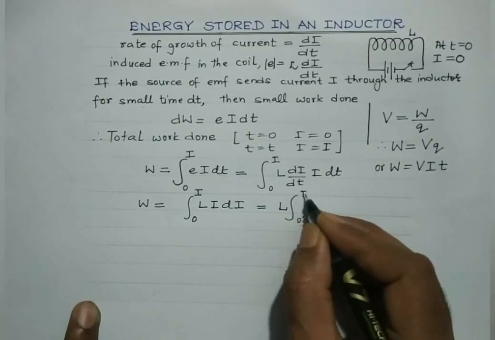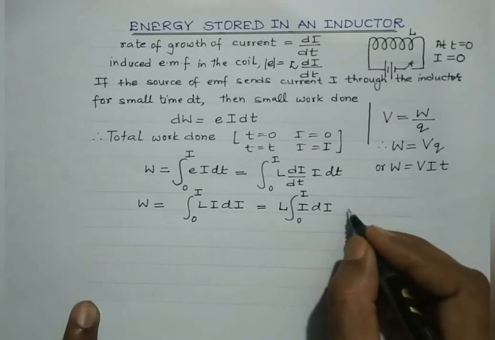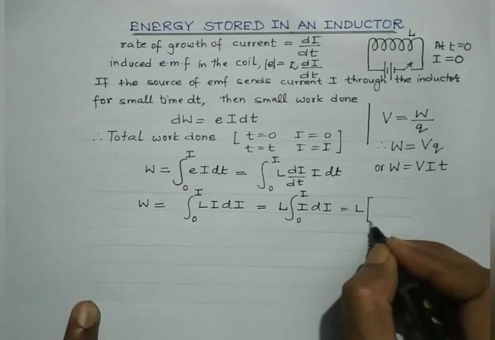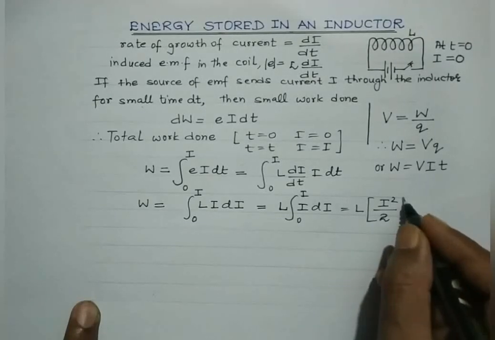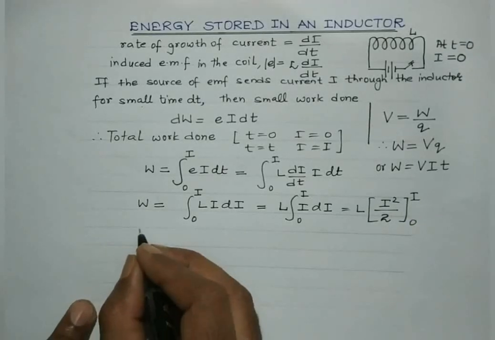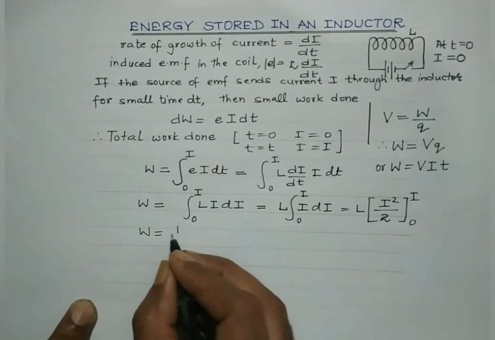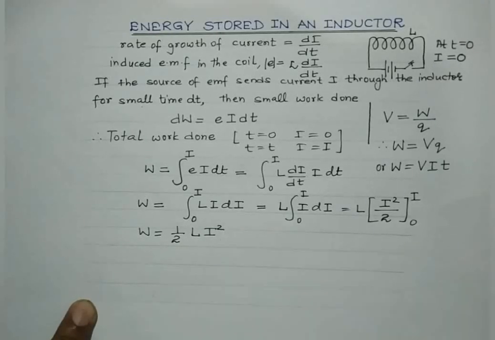So integration of I with respect to I will give you L I square by 2. Isn't it? Integration of I is I square by 2, from 0 to I, so upper limit minus lower limit. So what we get is half L I square.